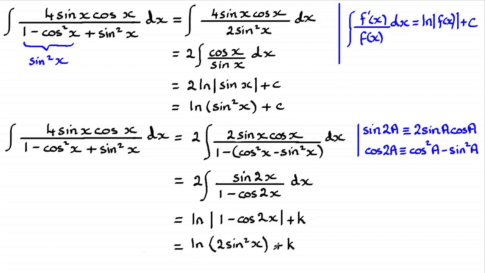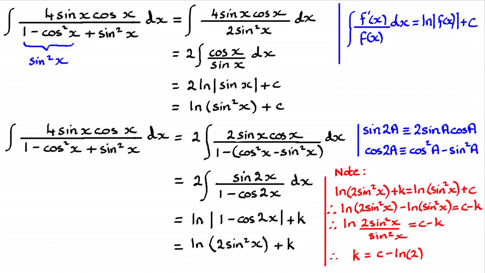Now, why would this answer be different from this answer, or it appears different? Well, we can see why our constants have to be written differently if we're presenting them on the same page. And that's because of this. Let me show you.